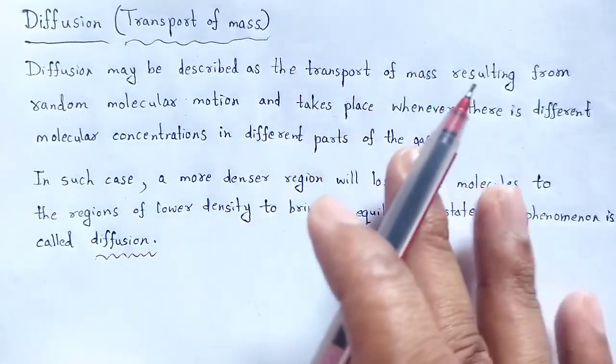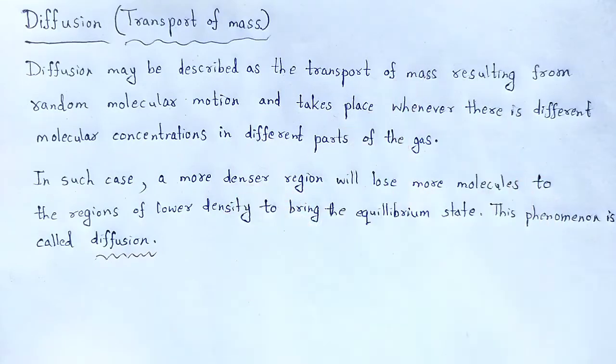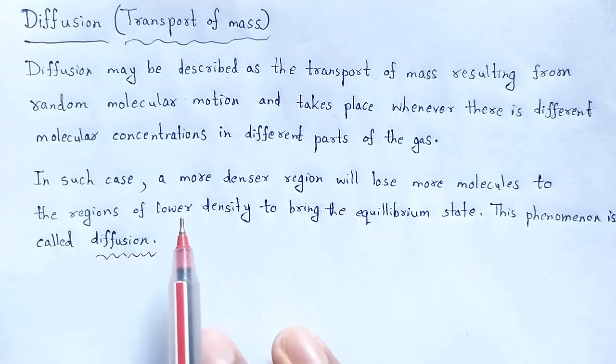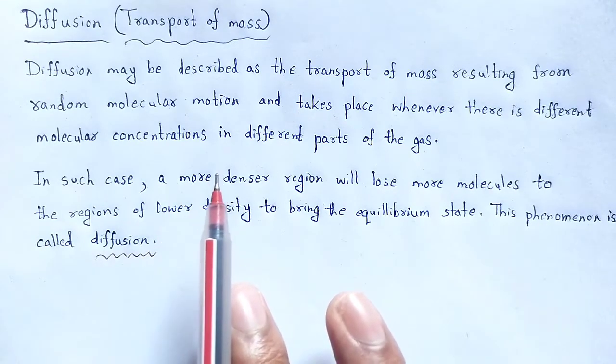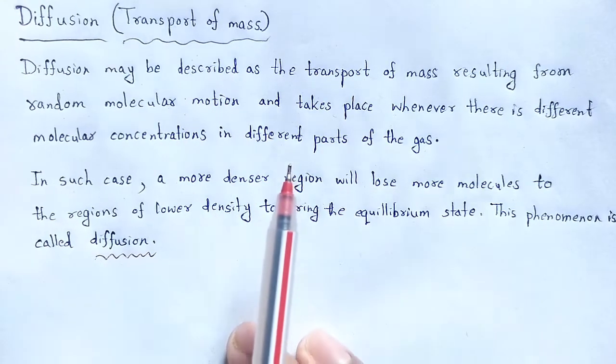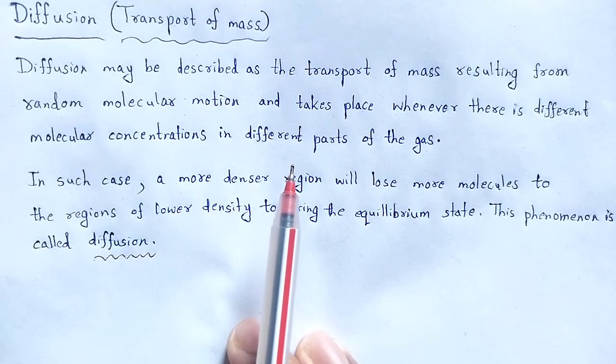This is the process we call the diffusion process, and the phenomenon of diffusion we can explain on the basis of the kinetic theory of gases, considering the transport of mass across a given plane.